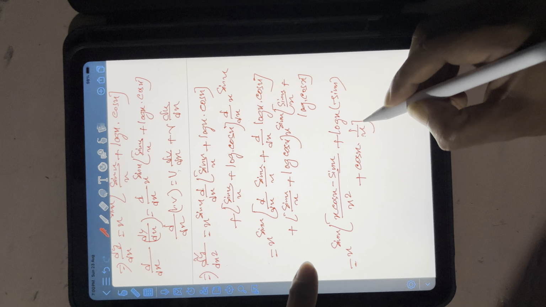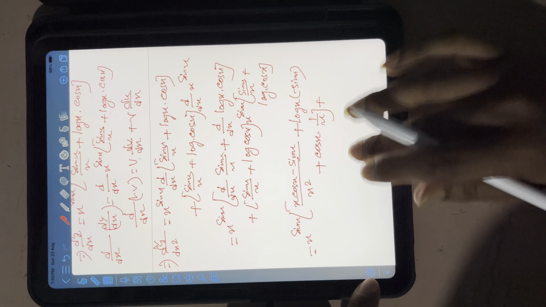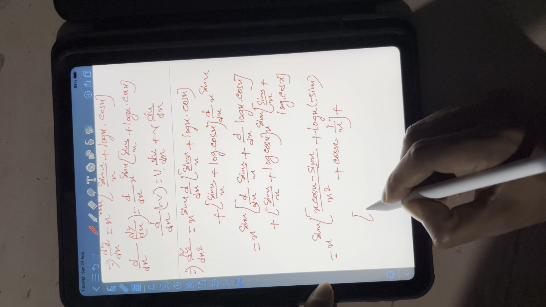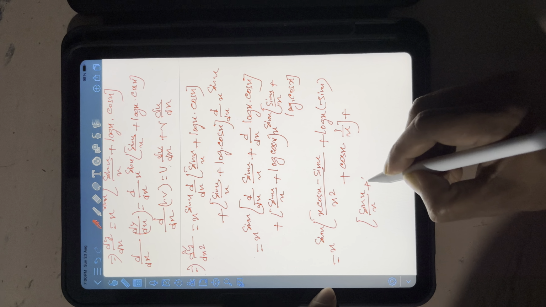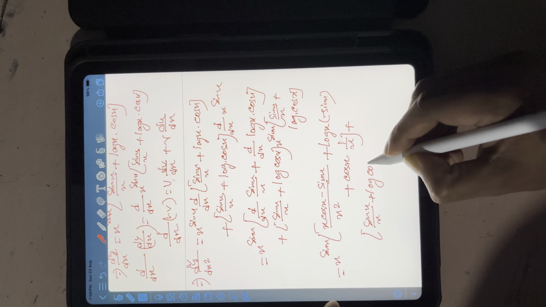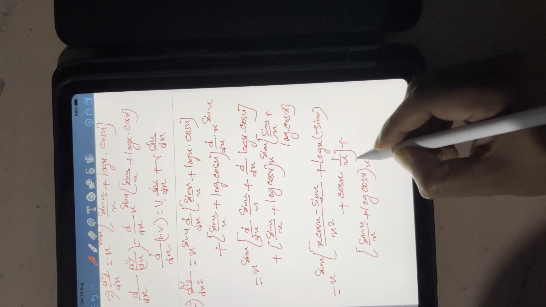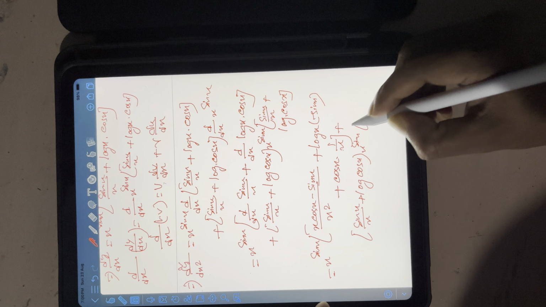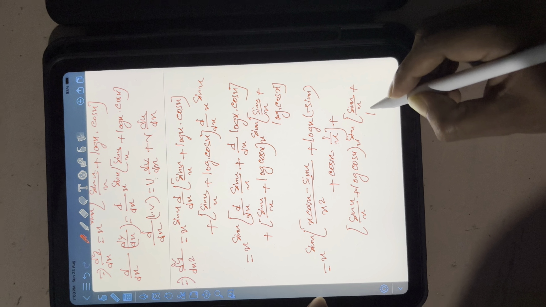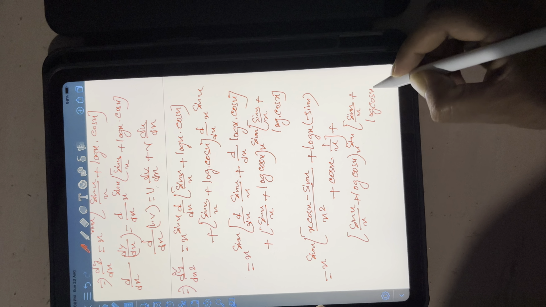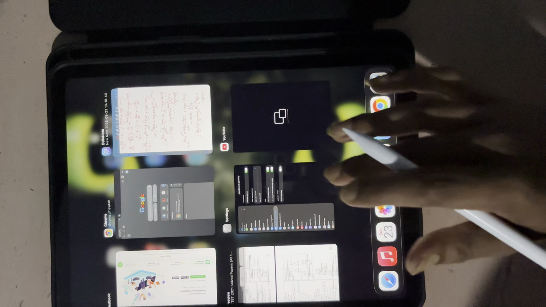After that, this will come, plus (sin x / x + log x cos x) times x^(sin x) times (sin x / x + log x cos x).